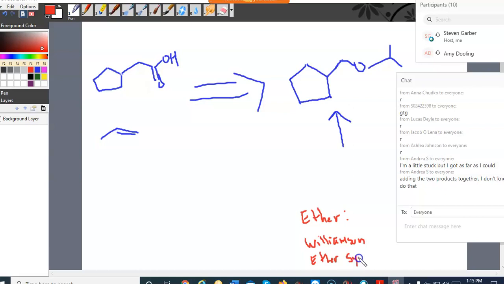It was an SN2. I said, you guys already know this. It's an SN2 reaction. So look up the Williamson ether synthesis. That's the only way we know how to make it. It's basically an SN2 mechanism. I'll give you guys a little bit more time.